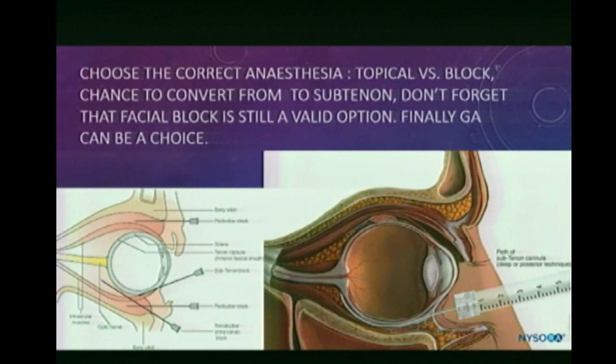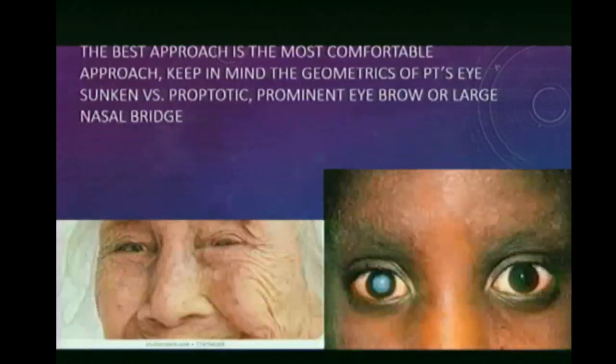So subtenon anesthesia is one of the nice and very useful solutions in anesthesia. Of course, general anesthesia can be a choice sometimes in some patients, either planned from the start, especially in the young or non-cooperative patient, or you can even need to go for general anesthesia if the patient is uncooperative during the surgery.